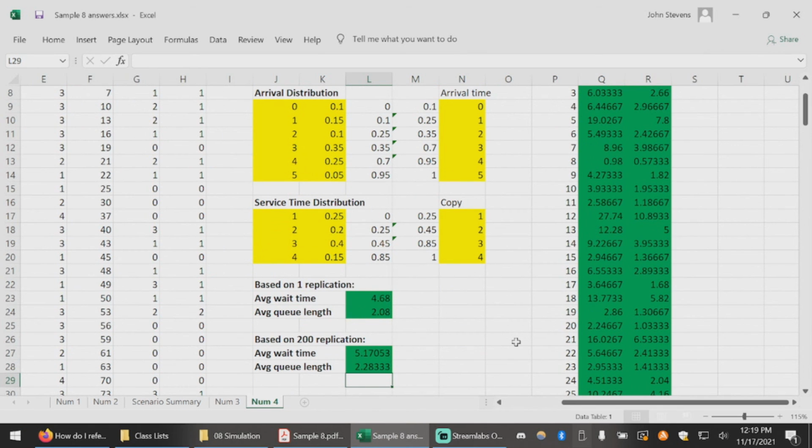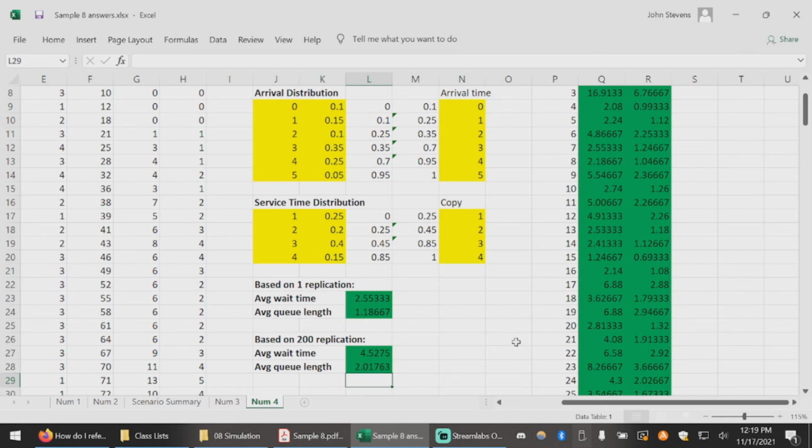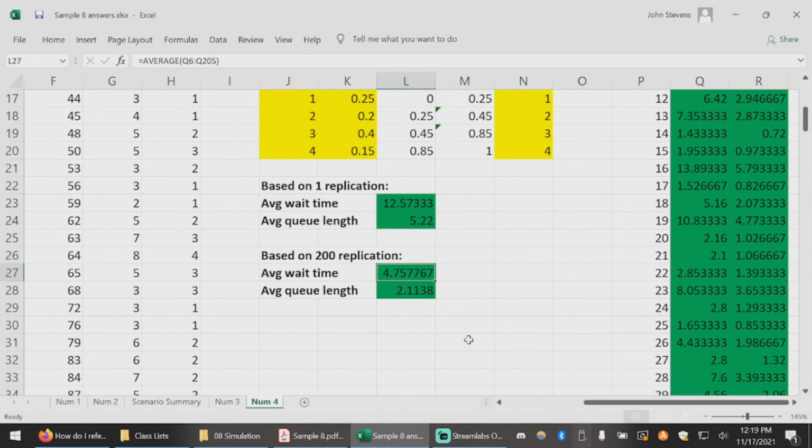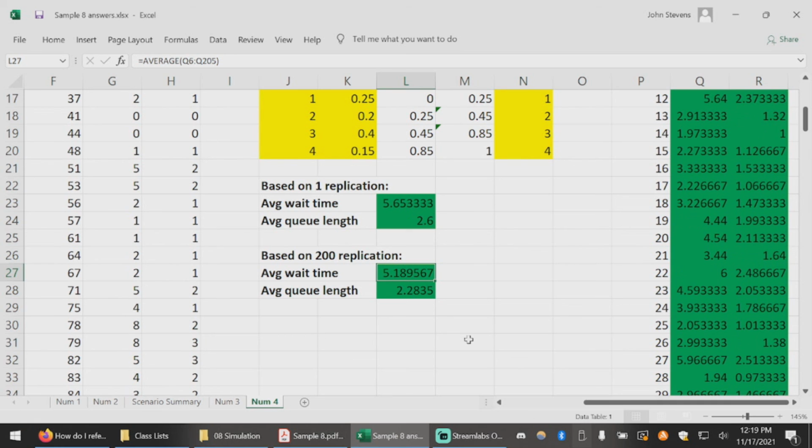Like so, and then we can recalculate. It takes a little bit longer, but hopefully you see the fluctuation isn't nearly as bad as it was previously. The average wait time seems to be close to 5. If I look at this cell over here, we can even make it bigger for you. A little under 5 minutes, sometimes over.